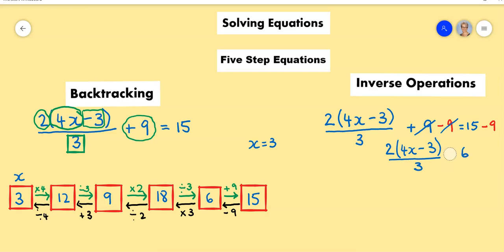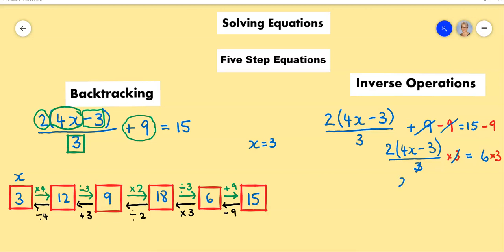Now, the next thing we need to do is we need to multiply both sides by 3. That's what our flowchart was telling us to do. So we're going to multiply both sides by 3 and divided by 3 and times 3 will cancel out.